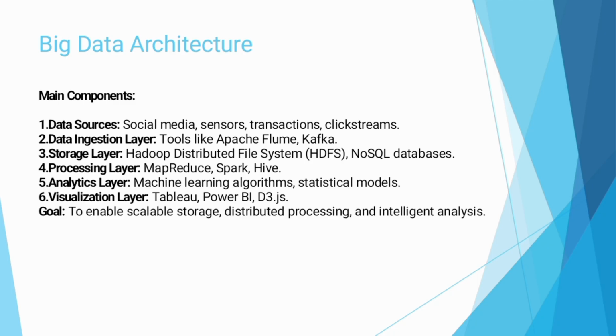Machine learning models and statistical tools analyze patterns and correlation. Sixth is the visualization layer. Tools such as Power BI present the results in dashboards or reports. Each layer plays a critical role in managing and extracting insights from big data.